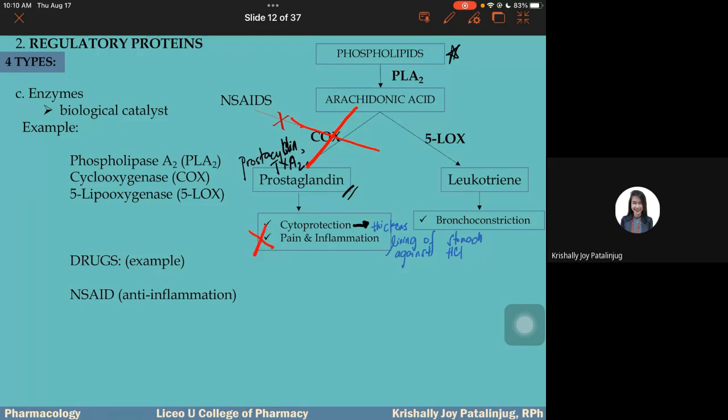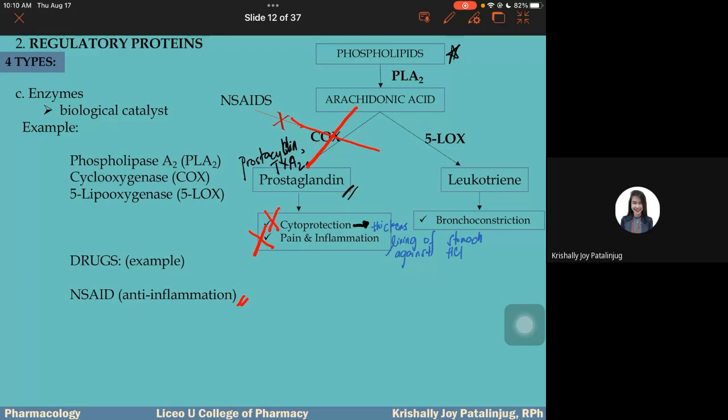That's why it has an anti-inflammatory effect. However, the consequence with this drug is it also inhibits the production of those prostaglandins important for cytoprotection.